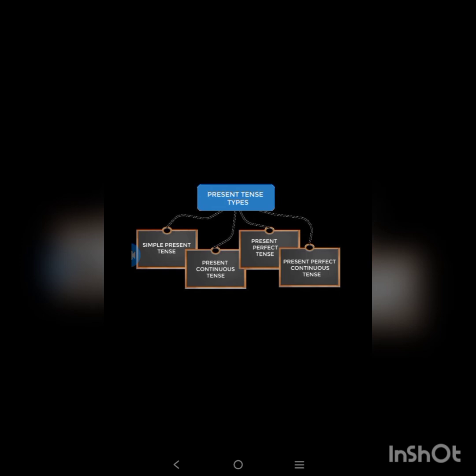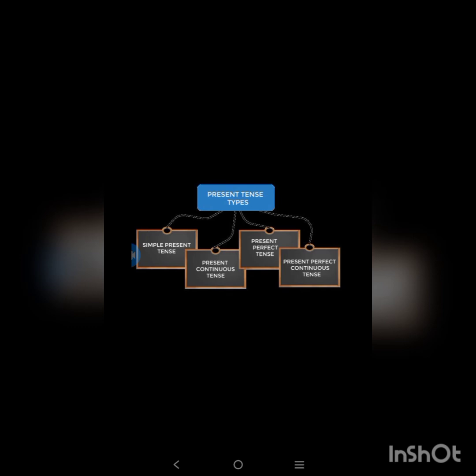Present perfect tense means the action that began in the past and it continues up to the present. Sometimes the action that has happened in the past, it is finished in the past and it has some relation with the present, some connection with the present.